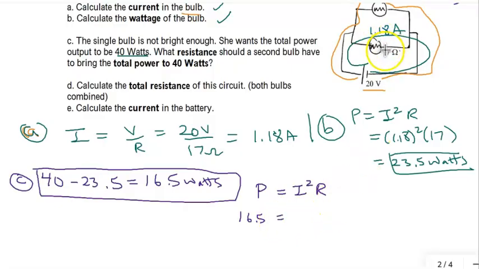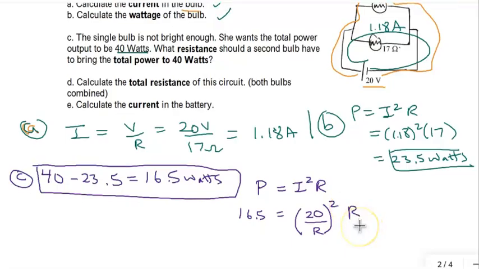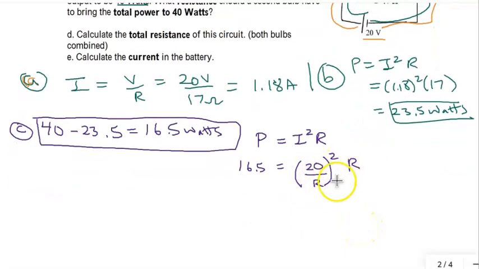Don't use the 1.18. That green current is different from the orange current. What is the orange current? The orange current is 20 over R. And we're going to square it, and then multiply it by R. Right, so it's a little bit more complicated, but there is only one unknown here.